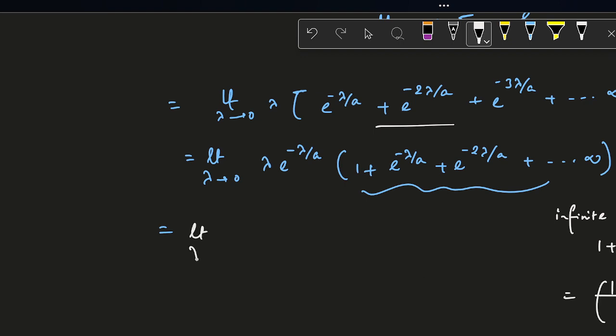Similarly in this case, your x is nothing but e to the power of minus lambda by a, because it is the term being multiplied as x squared, x cube, right? So just use that infinite sum rule and you get 1 by 1 minus e to the power minus lambda by a.